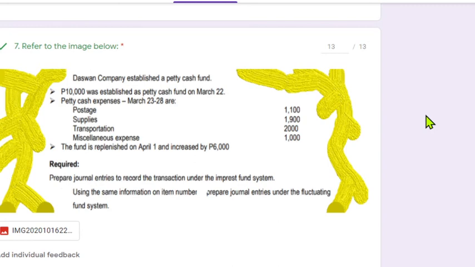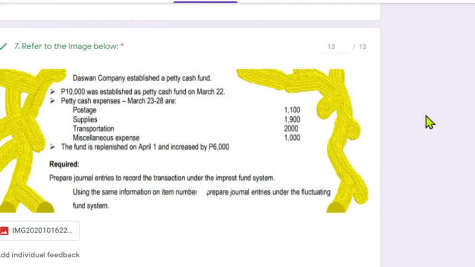On March 22, sabi, 10,000 was established as petty cash fund. So, under Imprest Fund System muna tayo. Paano mag-establish ng fund under Imprest? Parehas lang sa fluctuating. You debit petty cash fund, 10,000. Then you credit cash in bank. Next, March 23 to 28, merong expenses daw na na-incur. Tapos, in-itemize dyan.